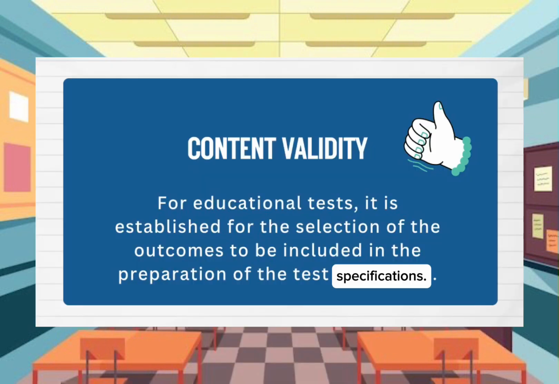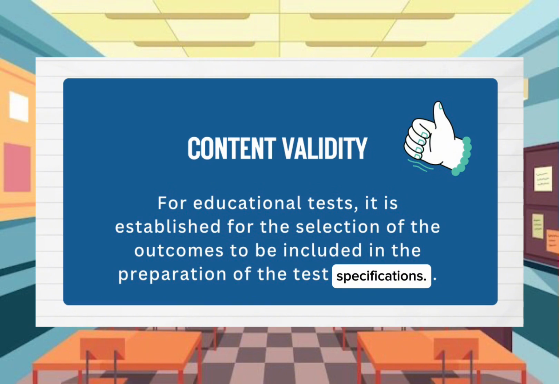Okay, let's move on to the types of validity. Content validity. According to Roseller, 2008, content validity is defined as the degree to which elements of an instrument are relevant to and representative of the targeted construct for a particular assessment purpose.